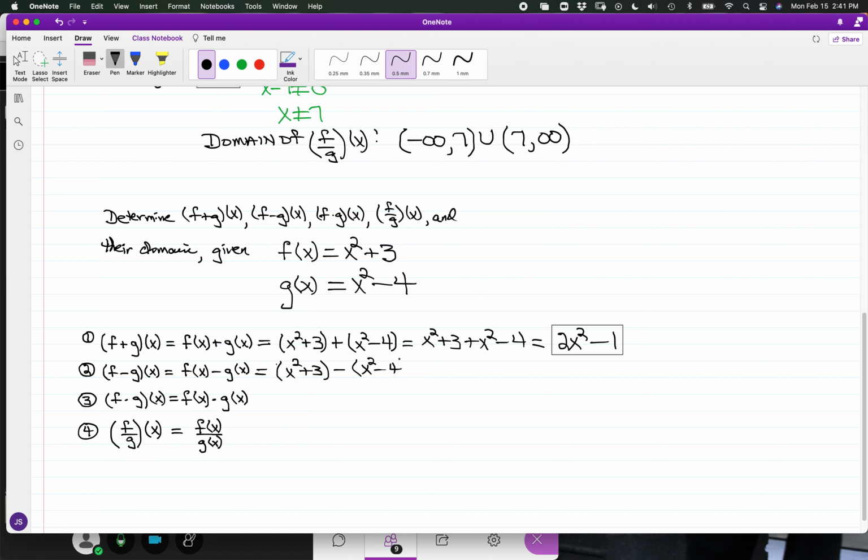Distributing the subtraction, in the rewrite we have x squared plus 3 minus x squared, and subtracting negative 4 reverts to adding 4. For the difference of these functions, we end up with a constant. x squared and negative x squared cancel out, and 3 plus 4 is equal to 7.